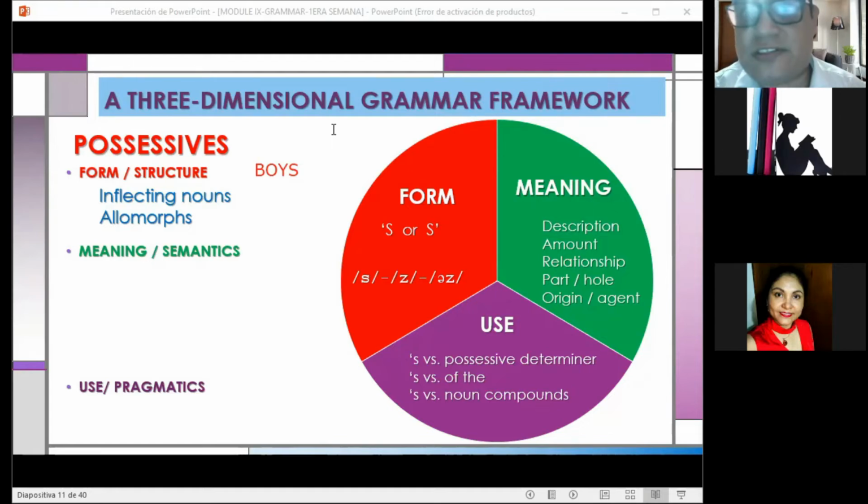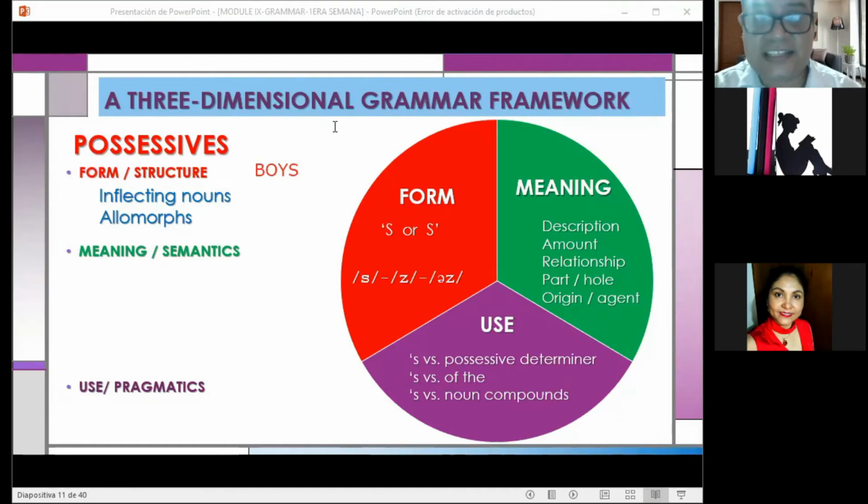Boy, boys. And notice, boys is one word but with two morphemes. Boy is the lexical morpheme, and the letter S is a grammatical morpheme. It has a grammatical meaning.